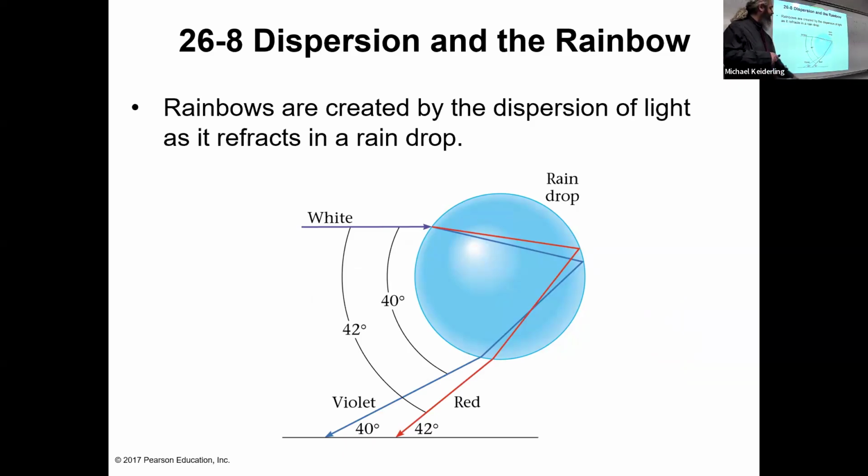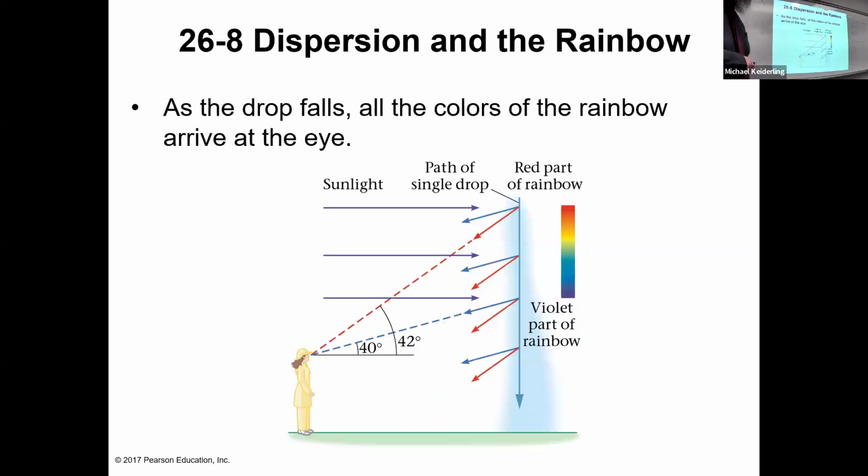And the color you see depends on the angle you're looking at compared to the angle of the sun. Because violet light comes out at 40 degrees here, while red light comes out at 42. But that is what's going on in the individual raindrop, you're getting dispersion like this. And as the drop falls, all the colors of the rainbow arrive at the eye.